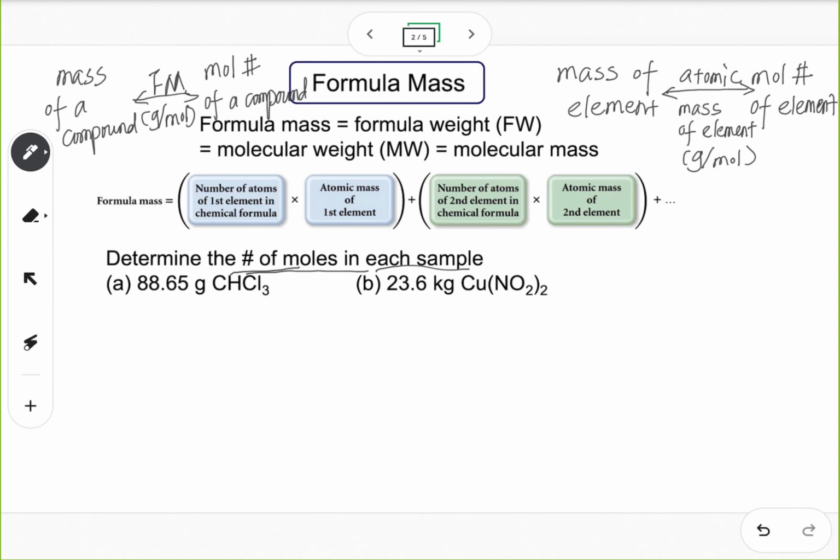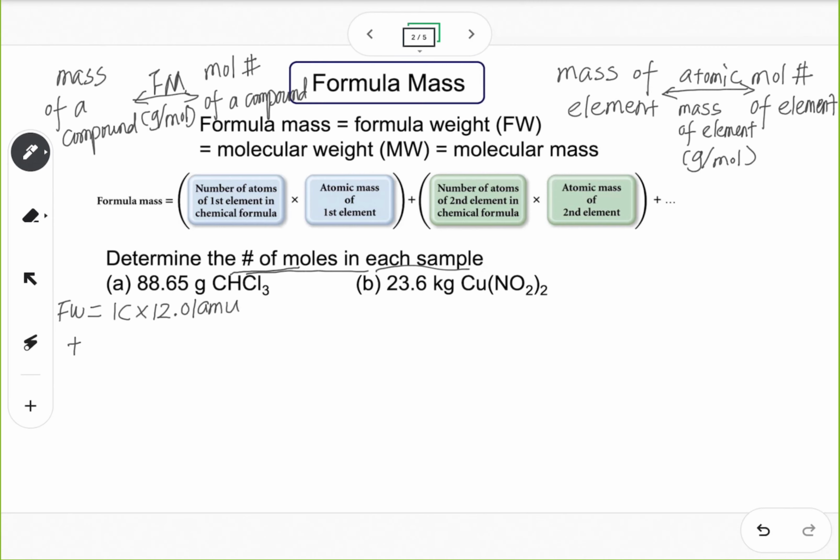According to our equation, let's start from carbon, the first element. The formula weight or formula mass equals 1 carbon times the atomic mass of carbon, which can be identified from a periodic table. That should be 12.01 AMU.